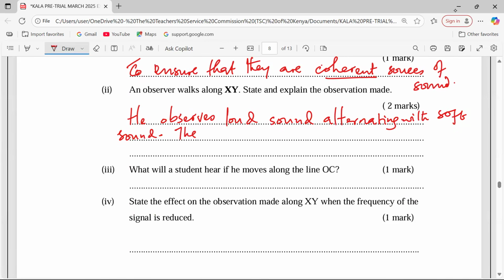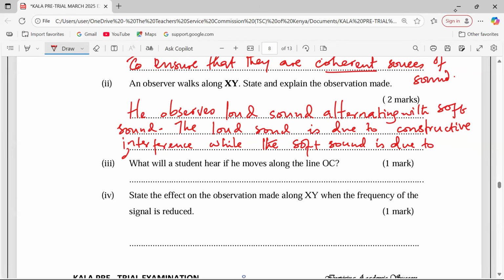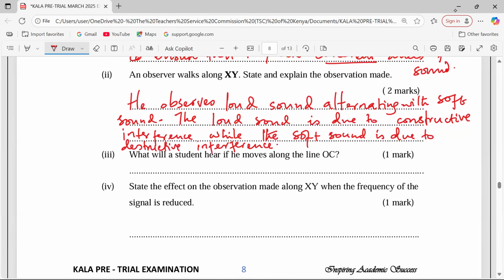Just an explanation. The loud sound is due to constructive interference, while the soft sound is due to destructive interference.